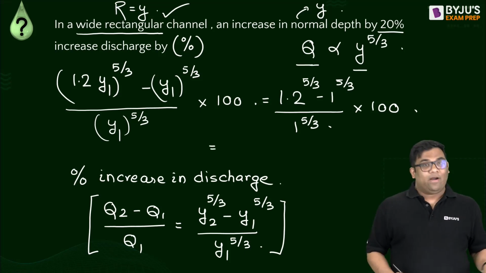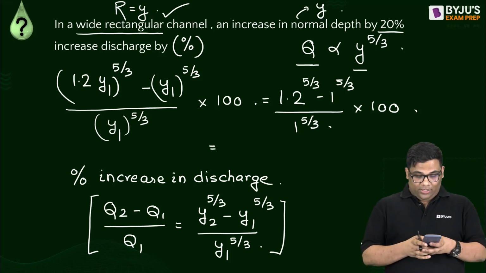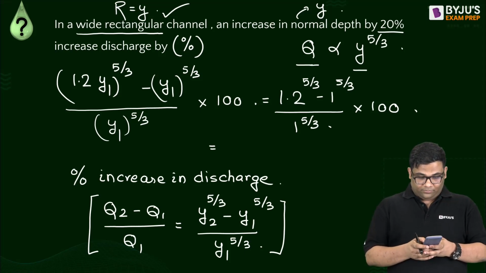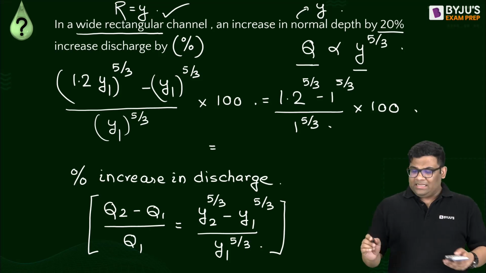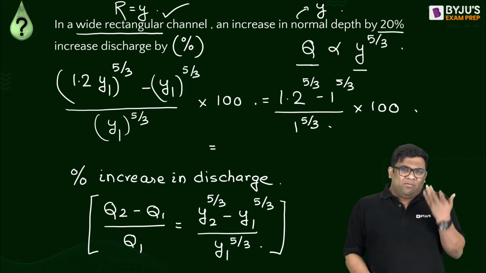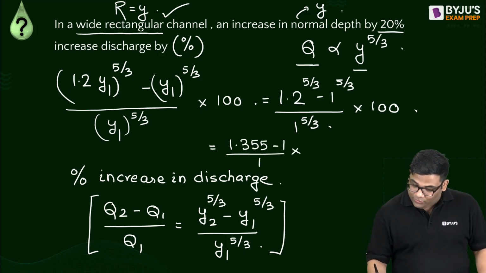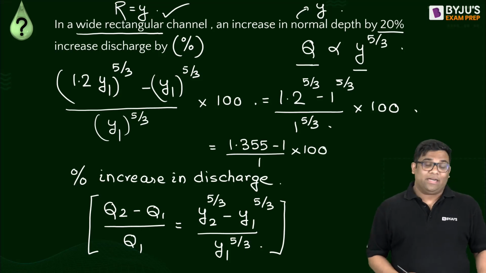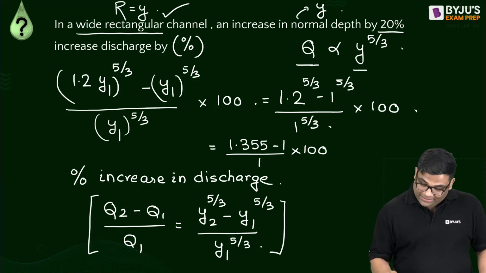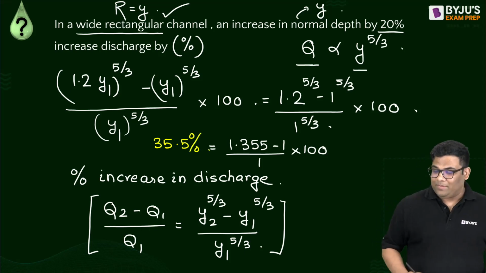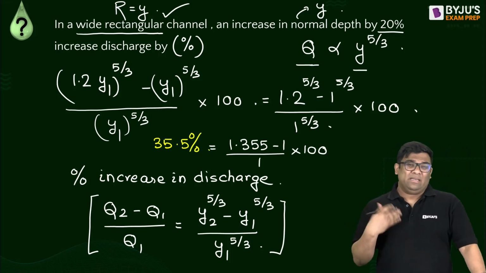This will be 1.2 to the power 5 by 3. Now see, other terms are 1 to the power something, that will be 1 only. So this will be 1.355 minus 1 divided by 1 into 100. So how much are we getting? The answer is 35.5%.